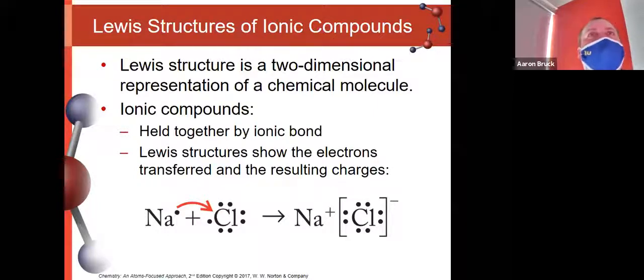And there are two applications for that we can get into directly. One with ionic compounds, which you saw a little bit of in that post-lecture, and one with covalent bonds, which is going to be the primary subject of Friday's class.